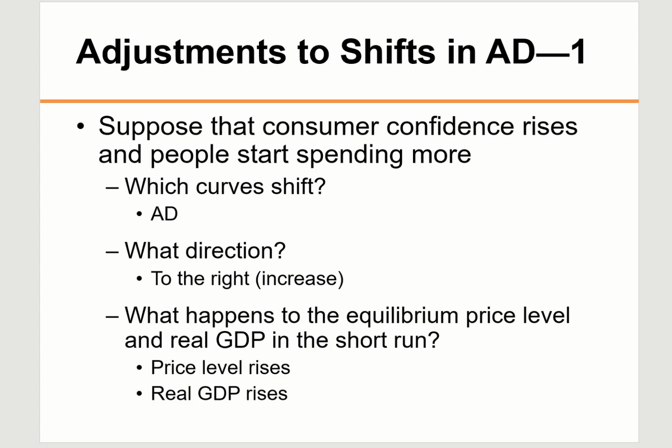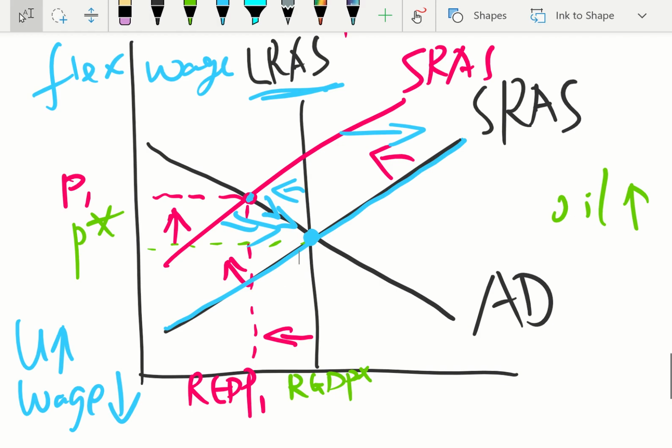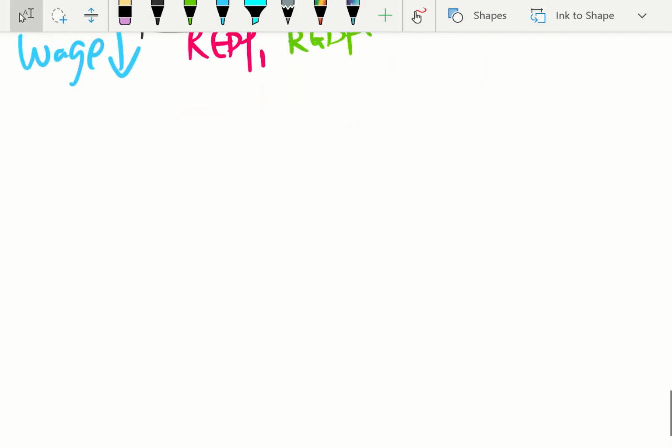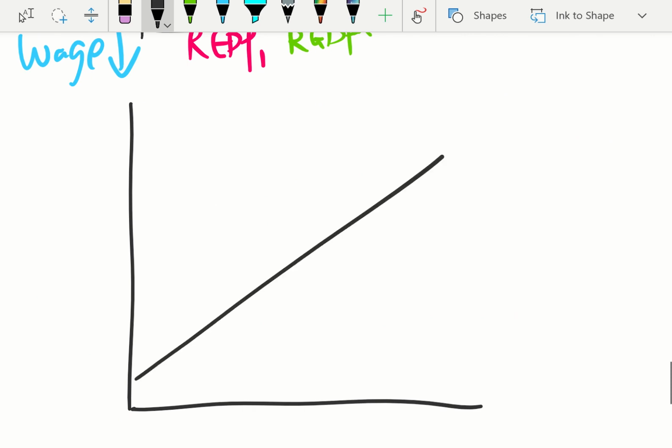Now, if you have an aggregate demand curve shift, it's very similar. You're also going to have this self-adjustment process. So let's see how this will work. All right. So again, we start with our regular aggregate supply curve.